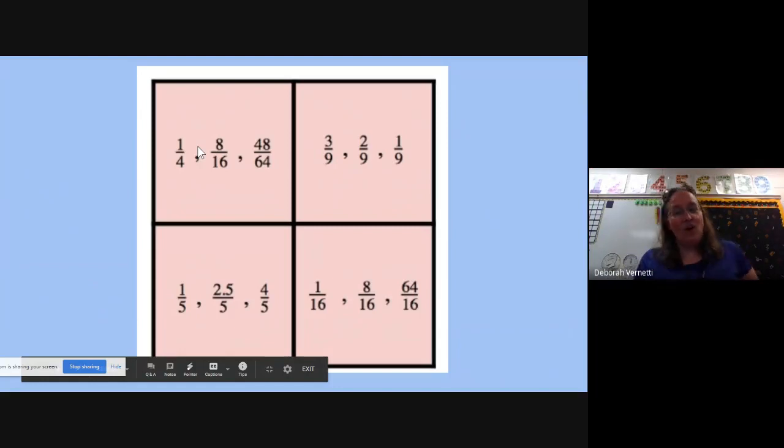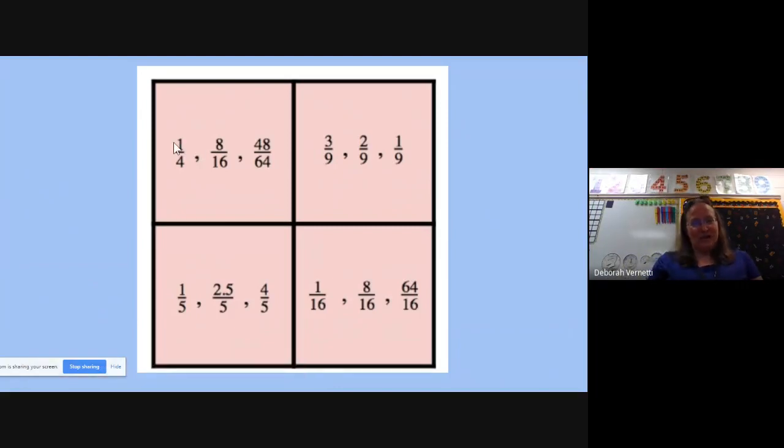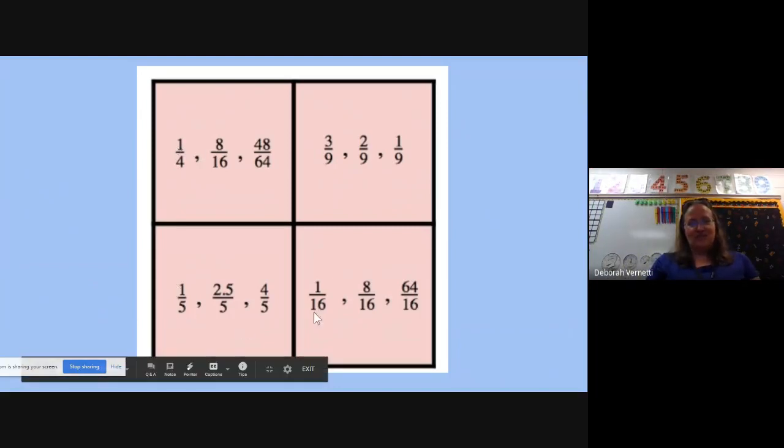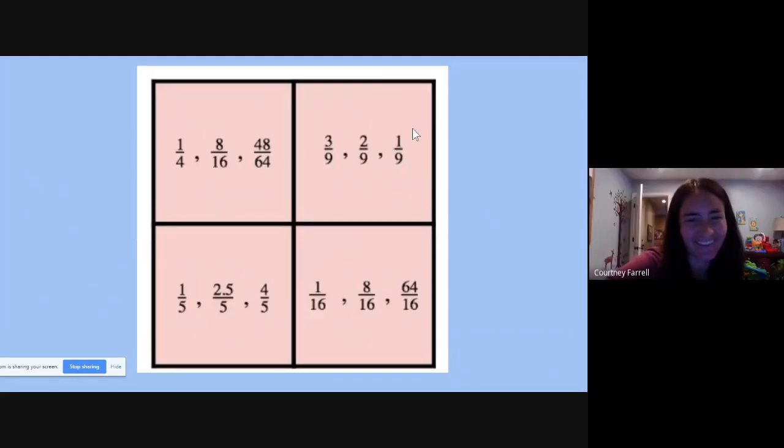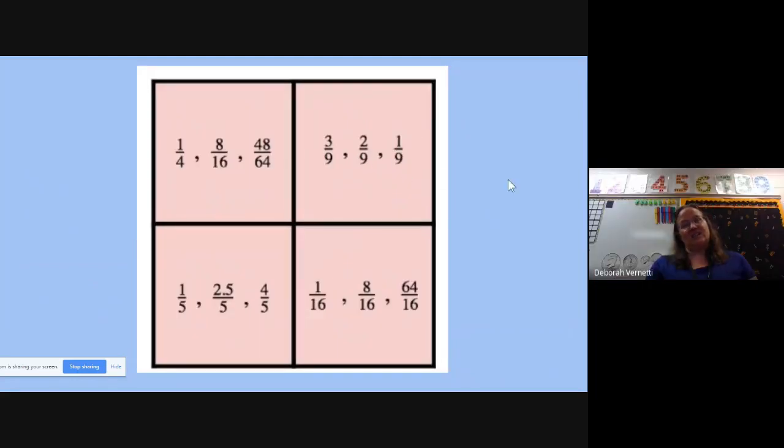And also, now that we're talking about that 0 benchmark, did you notice that in these three, they all start with a unit fraction? But this one actually has a unit fraction in it. It's just at the end instead of the beginning.